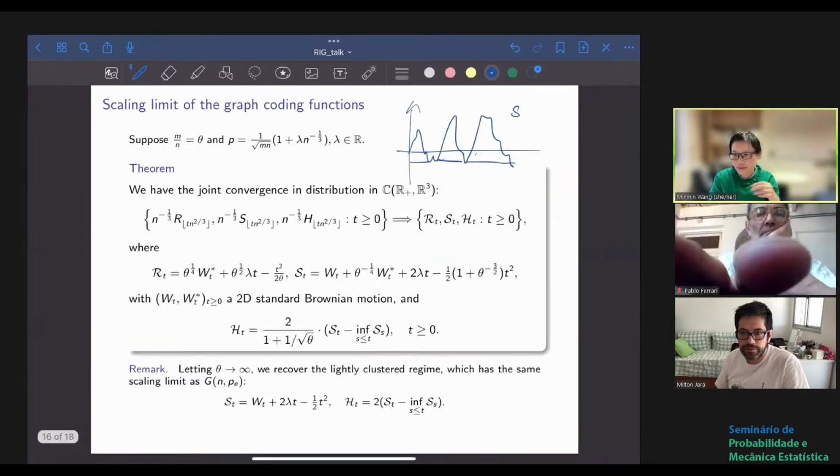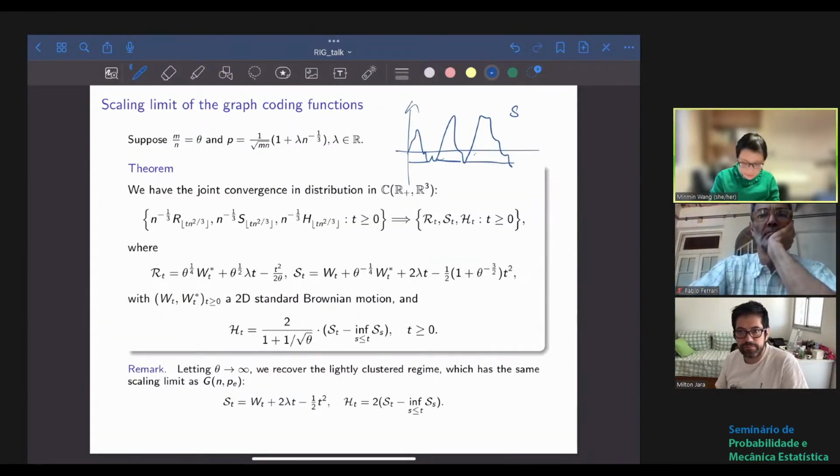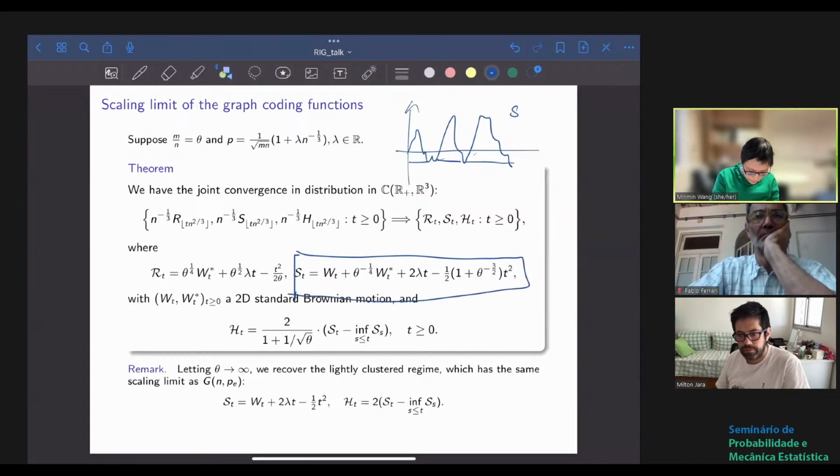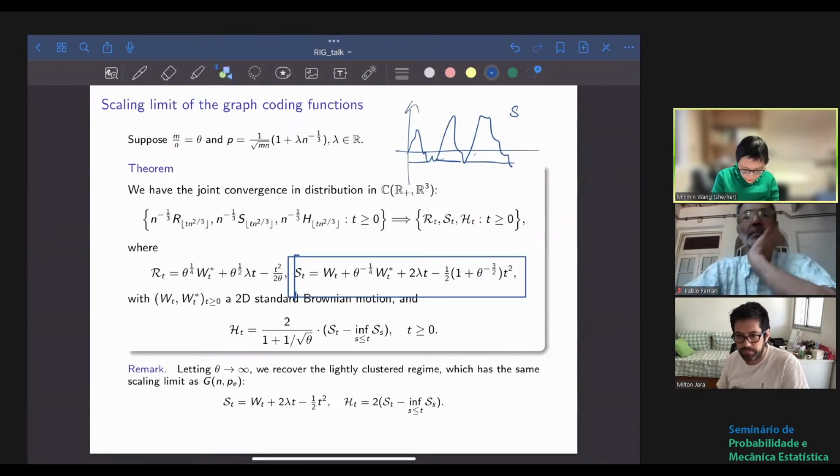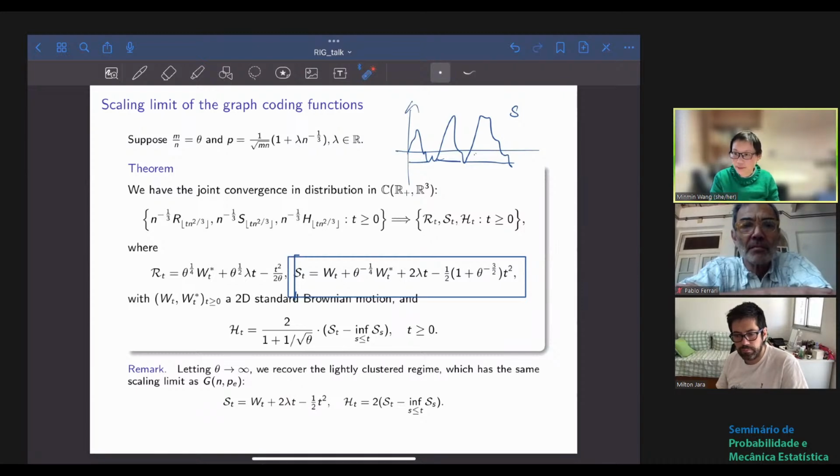Yes, there's a connection with the Aldous-Rani graph because of the Brownian scaling. If you want to extract the graph, you only need to consider basically this component, and then you have a scaling property of the Brownian motion, so it is very similar to these things, but you change the parameter lambda.